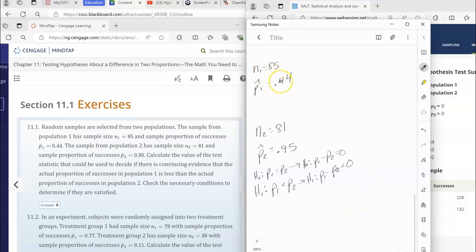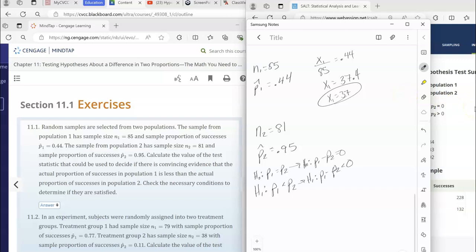Once again, we're going to have to figure out what our x value is. So let's do that. We know that x over n, I'll call that x1, has to be equal to 0.44. So our x1 value, if we multiply 0.44 times 85, I got 37.4. So let's round that to 37.